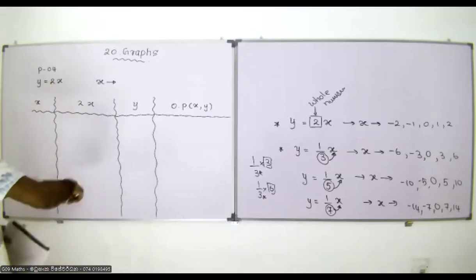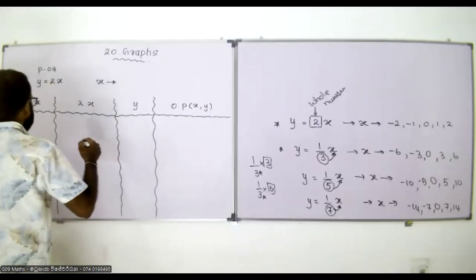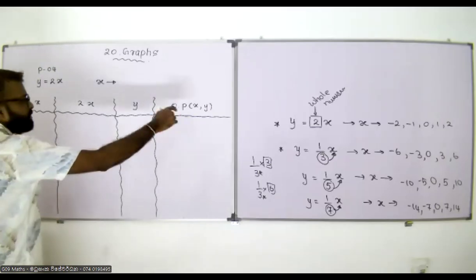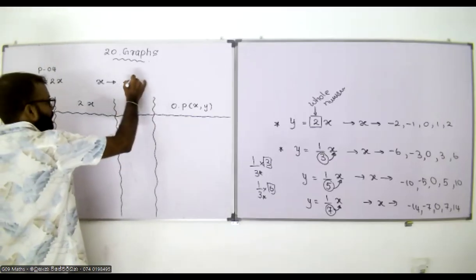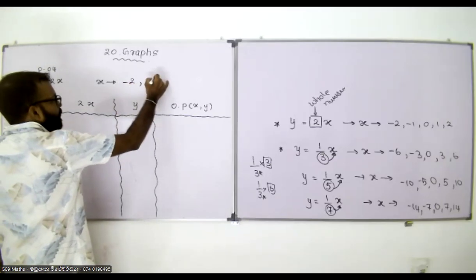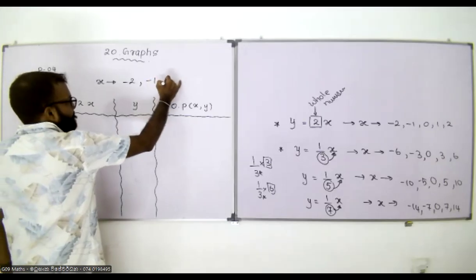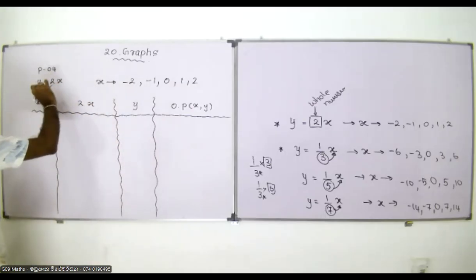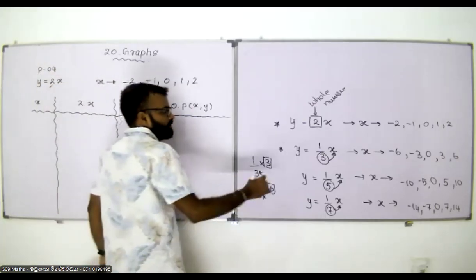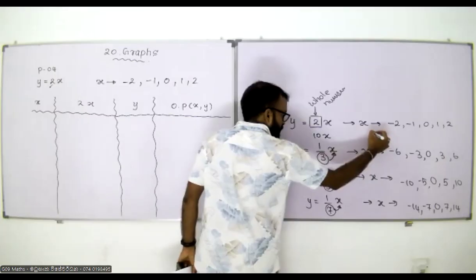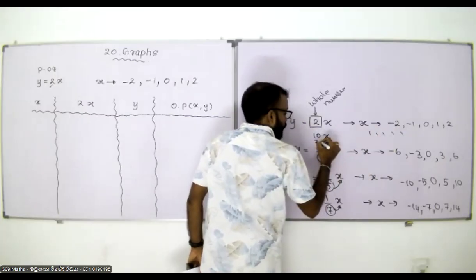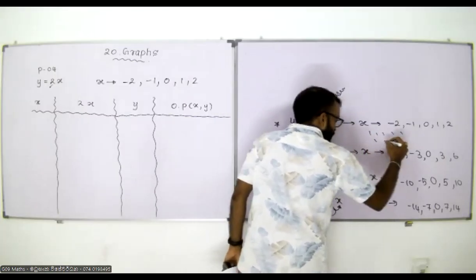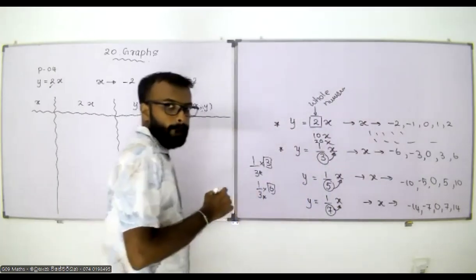This is 2x, so I will take the value range negative 2, negative 1, 0, 1, 2. This is a whole number. This is like 10x, same thing, this is 20x, same thing.